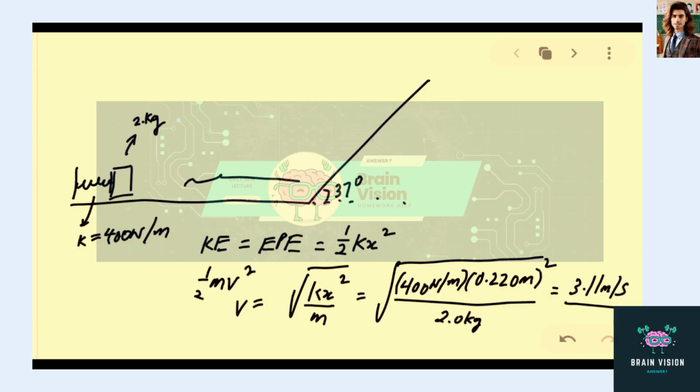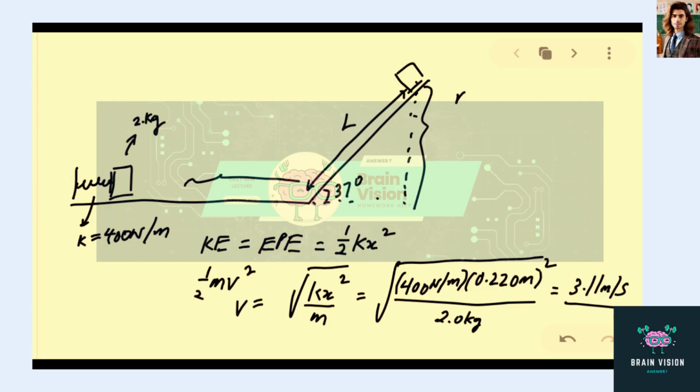Next, we want to find how far the block will be able to travel on the slope, some distance L, before it comes to a stop, turns around and falls back down. How far do we know that it will travel? That depends on the gravitational potential energy that it will gain.